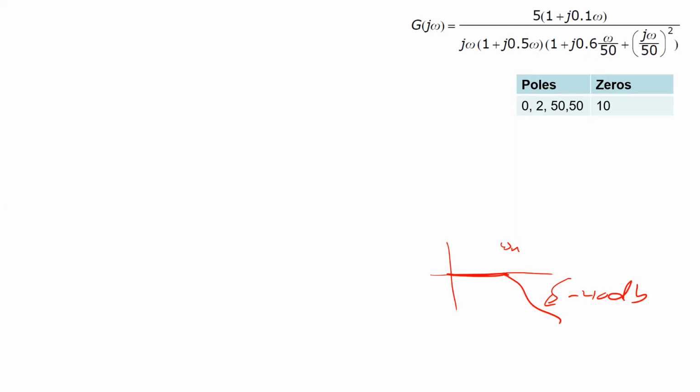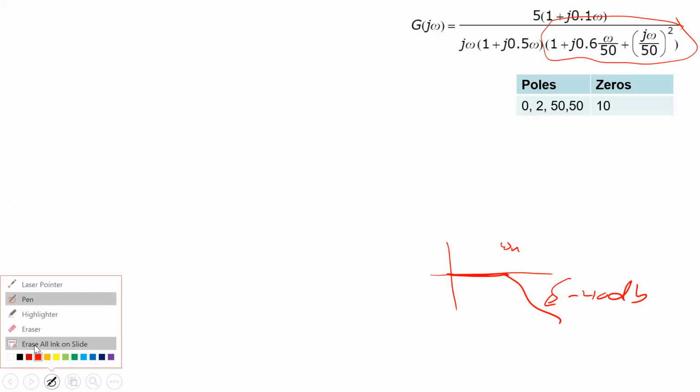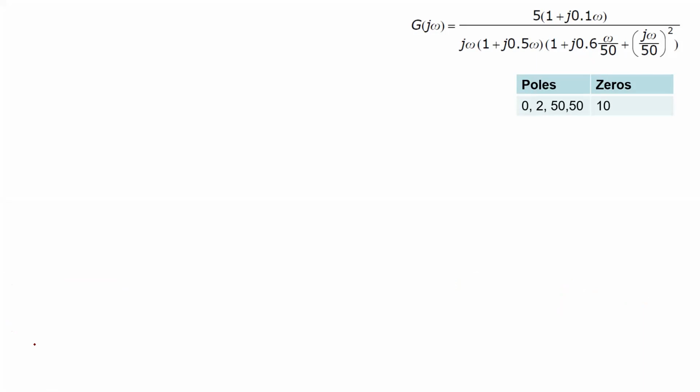With this approximation, I'm as if factorizing my complex conjugate into two simple poles, and those poles are located at the 50. Okay, clear.